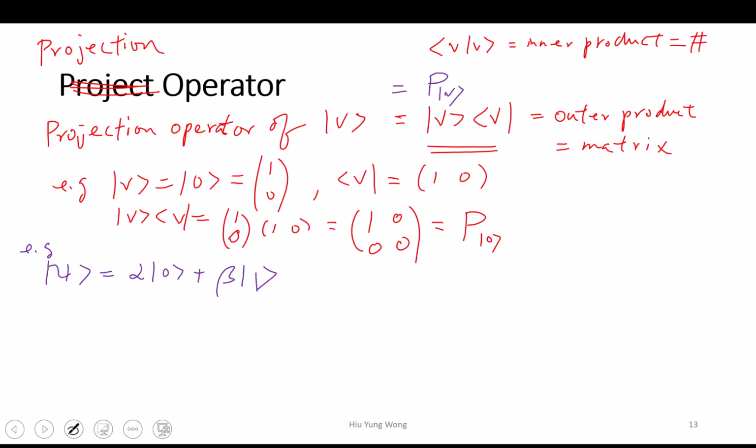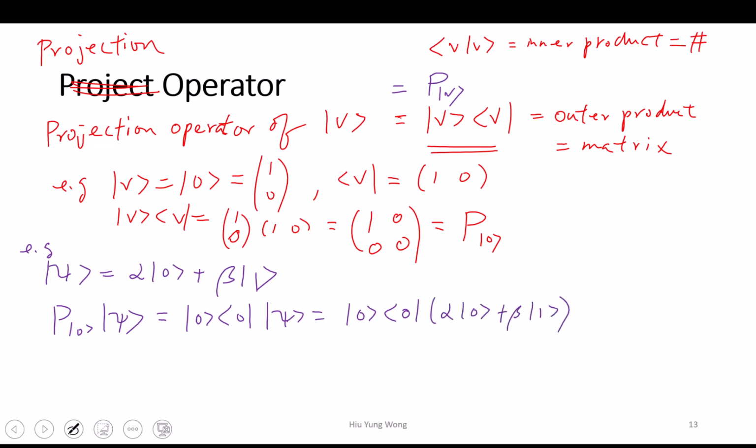When we apply the projection operator of 0 to psi, what do I get? Now let's do some exercise. First, the projection operator of 0 is this. I apply it to psi. So I can write it as |0><0| times (alpha |0> plus beta |1>), because psi is the whole thing, right?